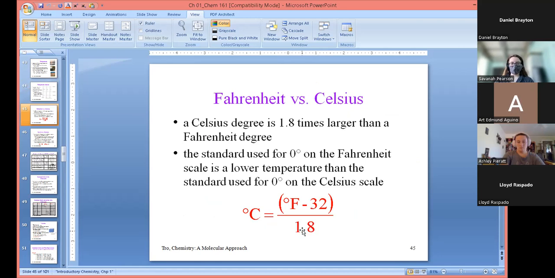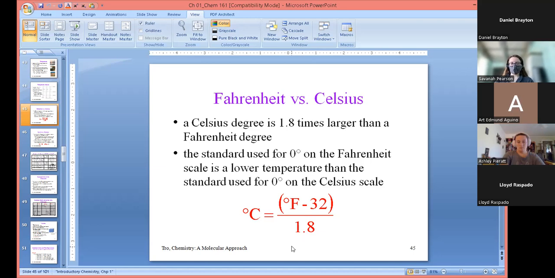And then the 1.8 is just the 180 units versus the 100, right? If you divide both of those by 100, you get 1.8. So we'll do this off and on throughout all of college, where in your different science classes they explain where these equations come from, then it's not black magic or something.